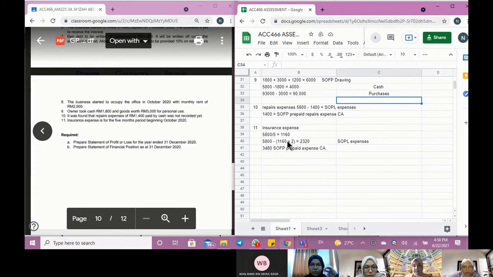To find the remaining prepaid expense, we minus 5,800 with 1,160 times 2, and we will get 2,320. This amount, 2,320, will be recorded in the expenses in the statement of profit or loss, and the remaining 3,480, which is the prepaid expenses, will be recorded in the current asset of the statement of financial position.